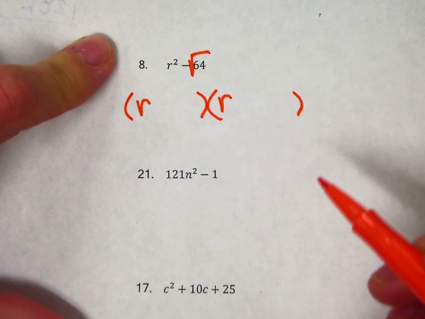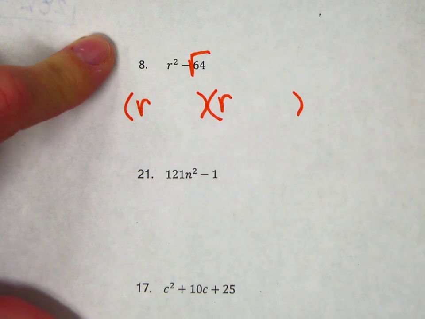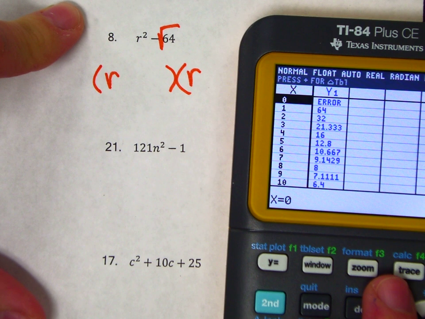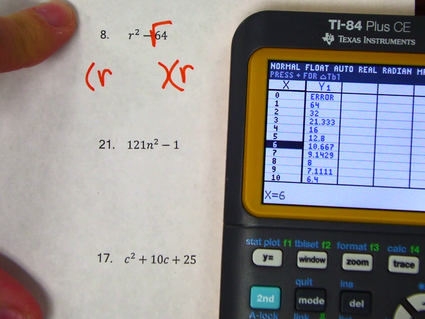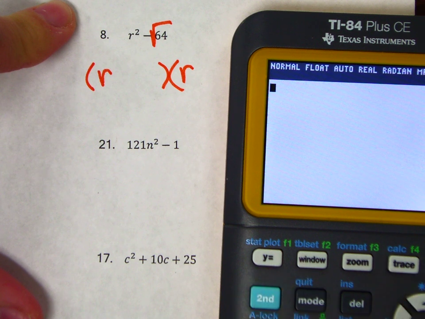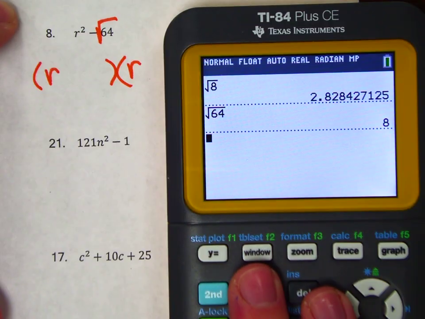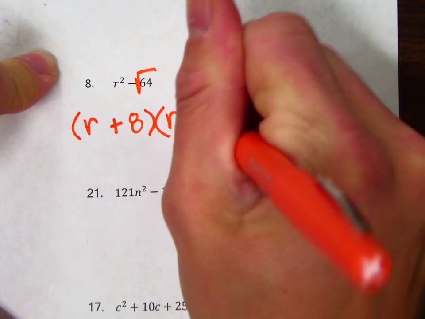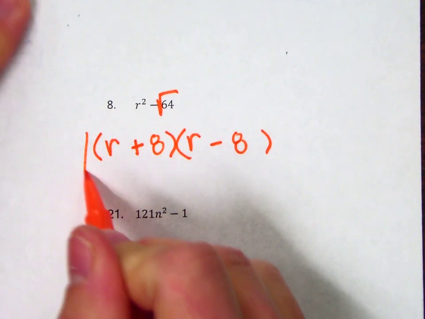The square root of 64, or if you think about it, the factors of 64 that are going to subtract to give you 0, 8 and 8, right? Same thing as a square root. Square root of 64, which is 8. One's plus, one's minus. All right, so that's how you would do it by hand.